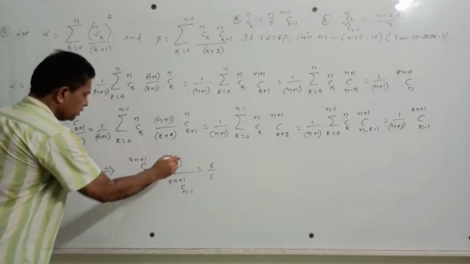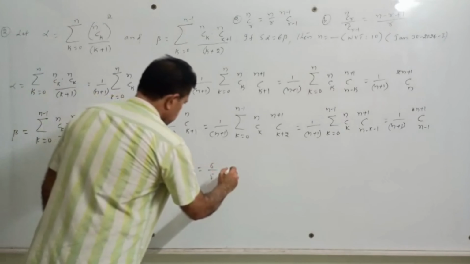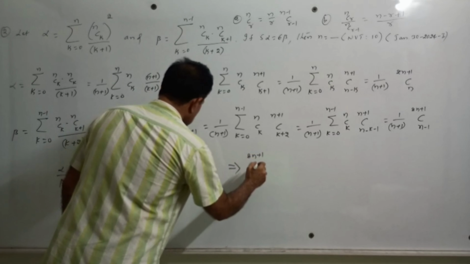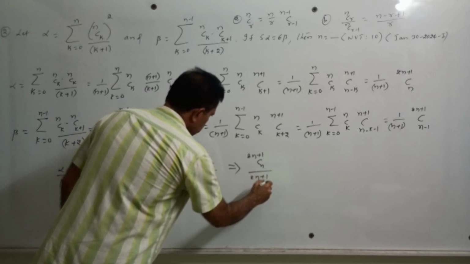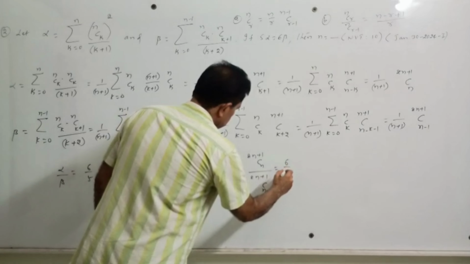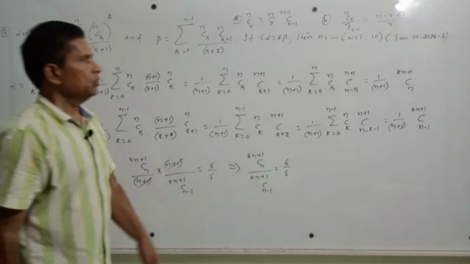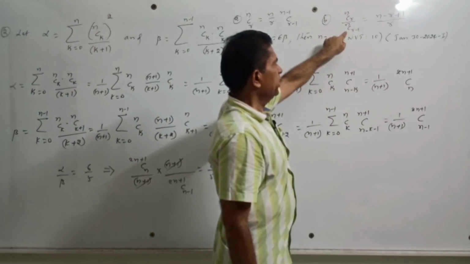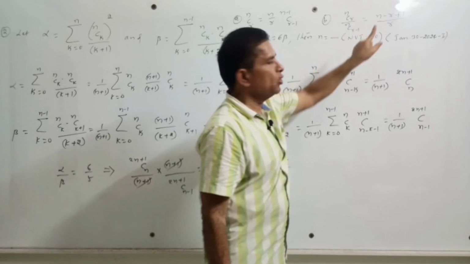There the common factor n plus 1 will get cancelled. Now we have (2n plus 1)Cn by (2n plus 1)C(n minus 1). This is equal to 6 by 5. Let us use this formula: nCr by nC(r minus 1) can be written as (n minus r plus 1) by r.